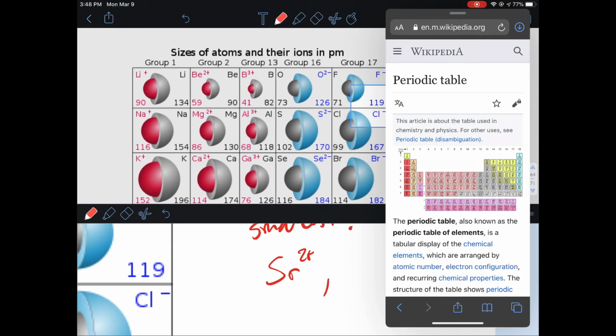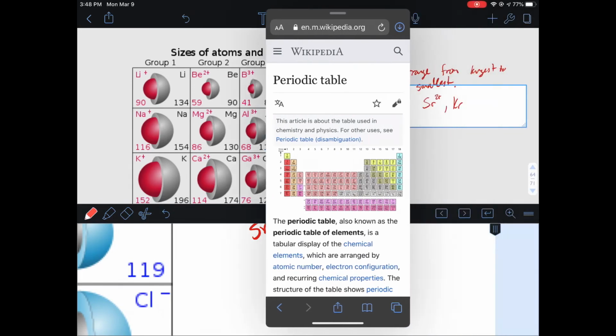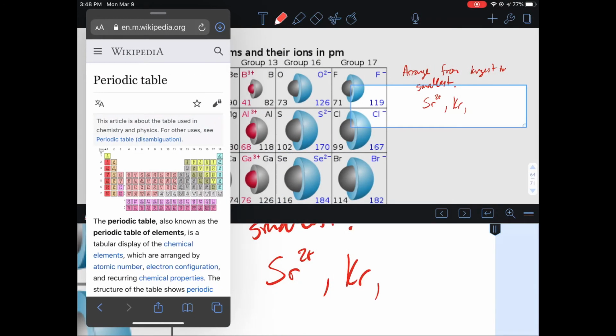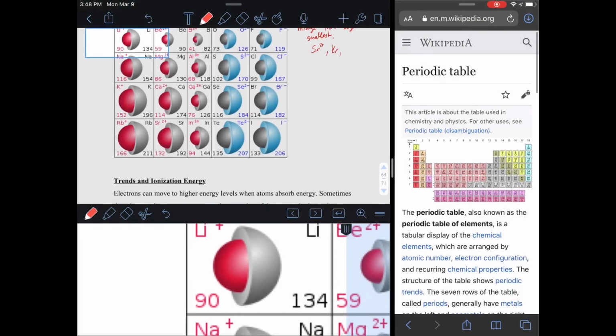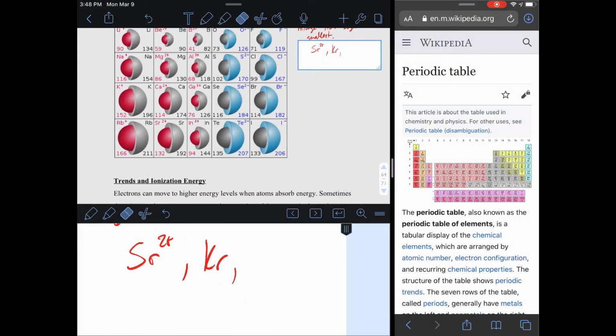Okay, let me think about this. Okay, so if we had strontium 2+, krypton, and maybe some rubidium. Let's just put that here.